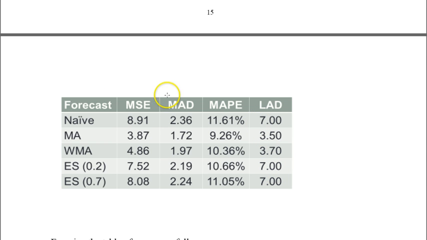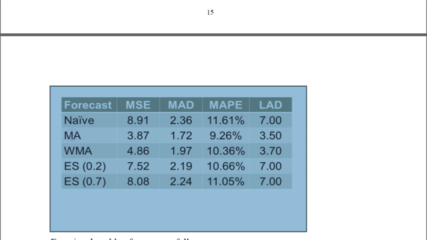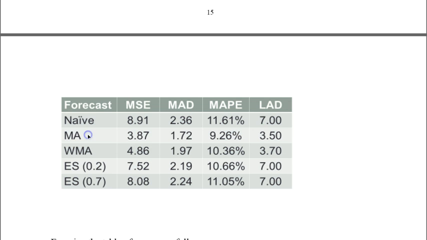Sometimes different errors will give you different preferences, so you have to specify which forecasting error is most relevant to you. Based on these error terms, this is the lowest error in each category, and so my moving average would be my best forecasting technique, and that's the one I would use in the future to keep forecasting my water usage.